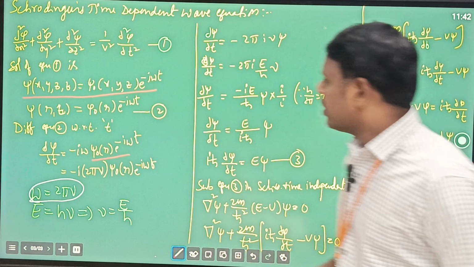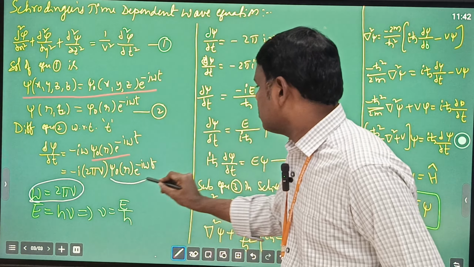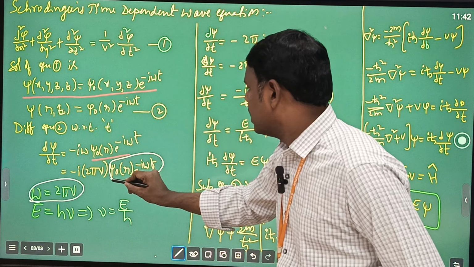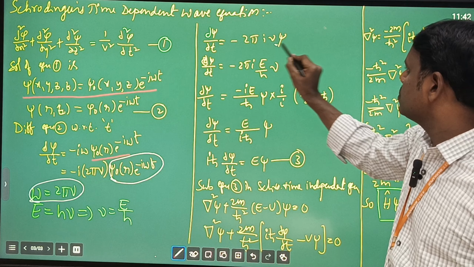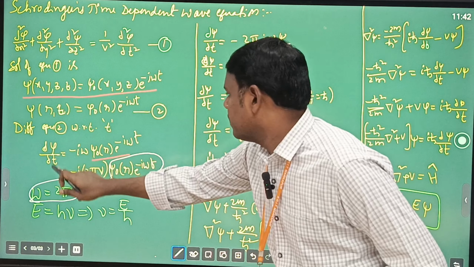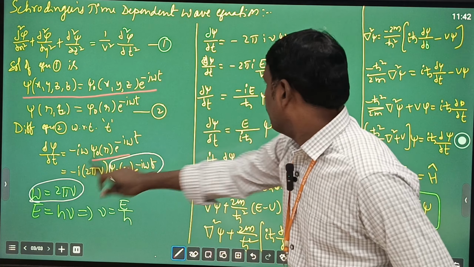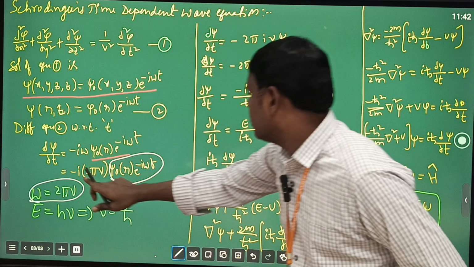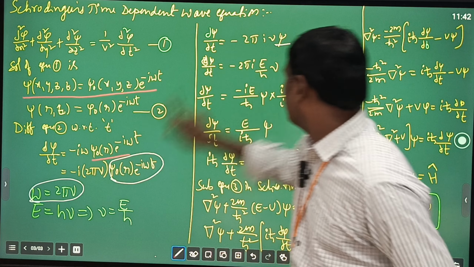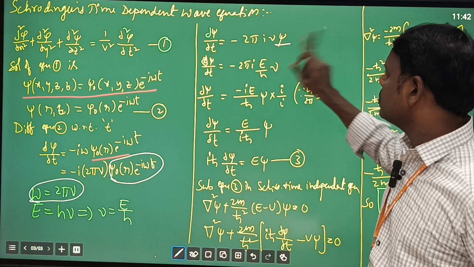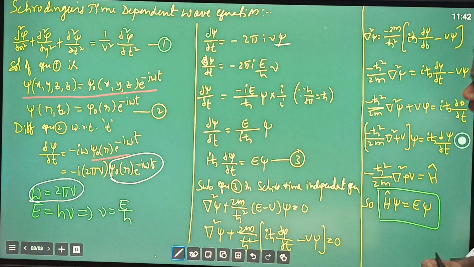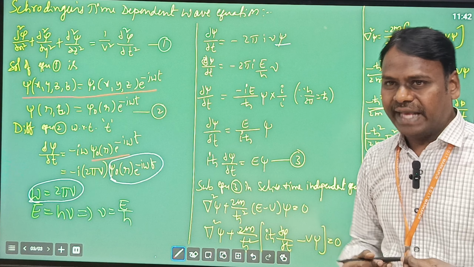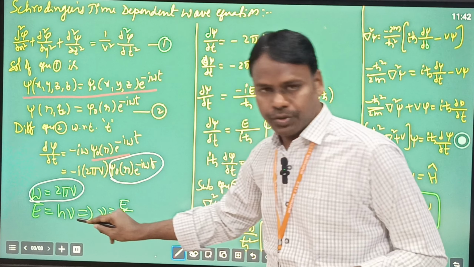And simply in place of psi naught of r e power of minus I omega t, మనం సింపుల్ గా ఏం రాసేయచ్చు, psi రాసేయచ్చు. So dou psi by dou t is equals to minus 2 pi I nu into psi.